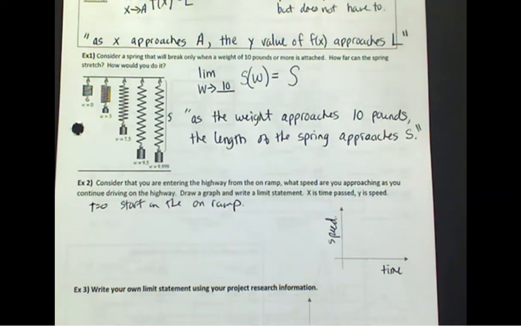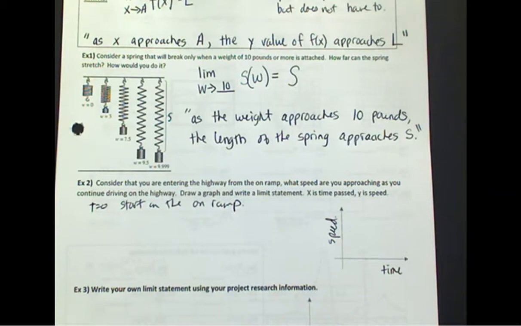And then you can try number 3 where you write it based on your own information. Make it reasonable. Make sure that your statement is actually reasonable. Okay? Maybe write your limit statement before you draw the graph.